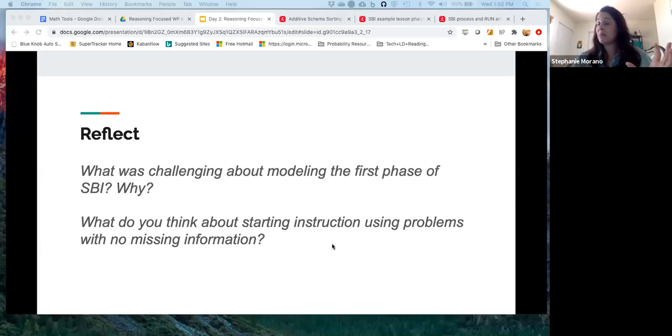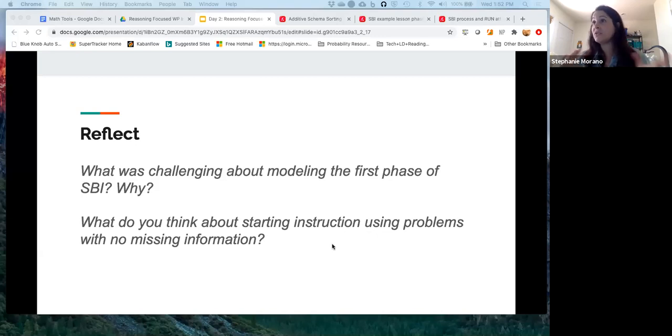So if we give them the problem that has no missing information, there's no problem there, it's just a story. We're starting from a point where we can get past some of that math anxiety that students have. Also, we don't want students to get preoccupied with trying to solve. We don't want students just racing to get an answer, which is a really common behavior for all of our students.